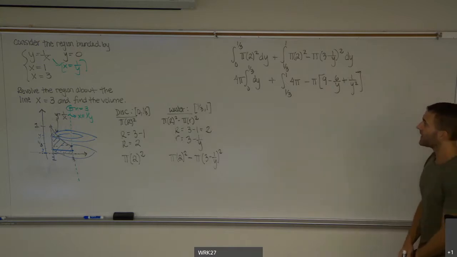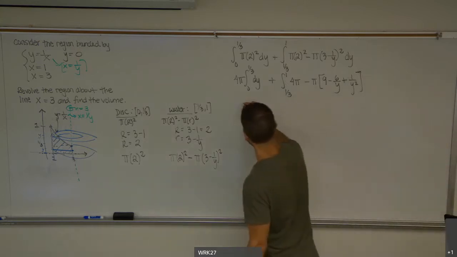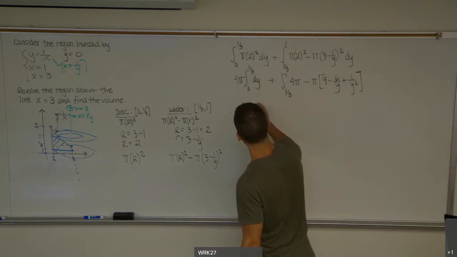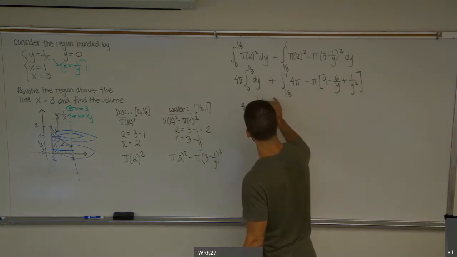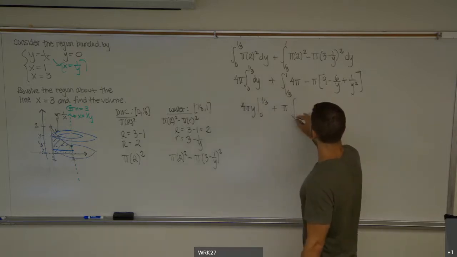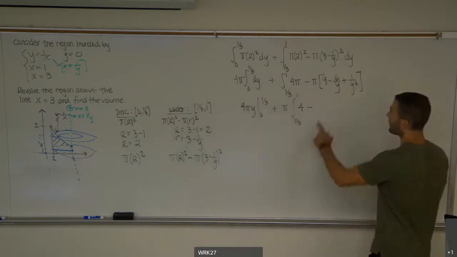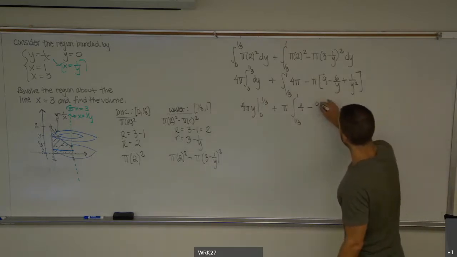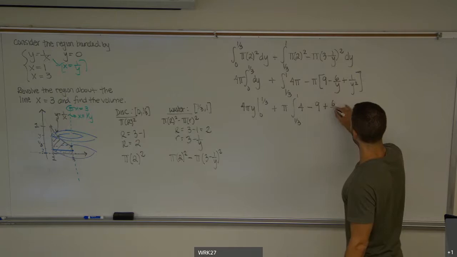Factoring out the pi, let's go ahead and answer this one. So this is 4 pi y from 0 to 1/3. We need to evaluate. Plus, here factoring out the pi, 1/3 to 1, we get 4 minus, distributing the minus sign, we get minus 9 plus 6 over y minus 1 over y squared dy.